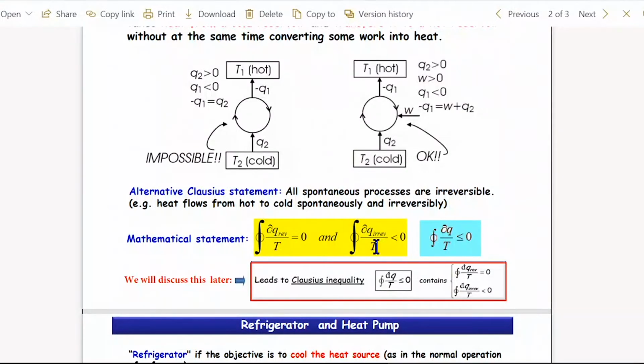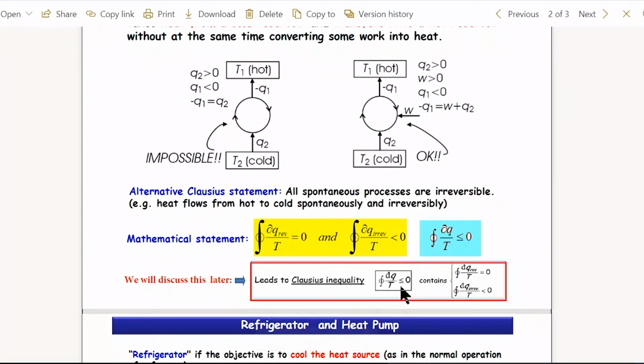I have not yet defined what q by t is, so let us not look at it. Whenever we write the Clausius inequality, this is less than or equal to 0, this is equal to 0. For a cyclic process, the Clausius inequality says that dq by t over a cycle is less than or equal to 0.